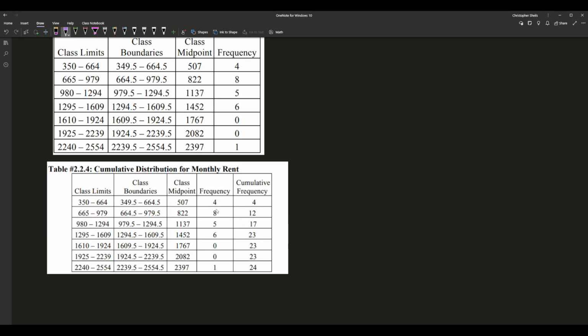At the next step, we've added another 8 data points, so our cumulative frequency is 12. And we just keep repeating this process. We just keep adding the frequency of each class to get our new cumulative frequency. Notice that our cumulative frequency doesn't change for 2 of these classes because 2 of these classes have 0 data points in them.